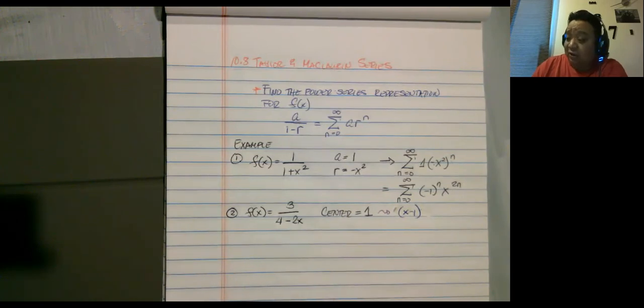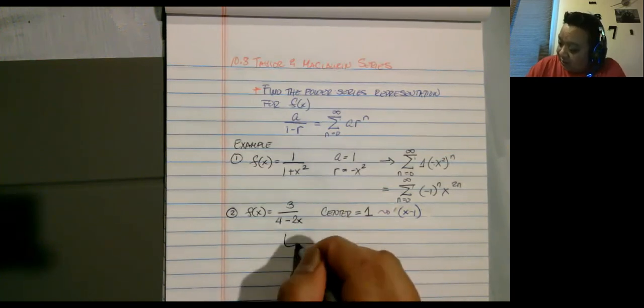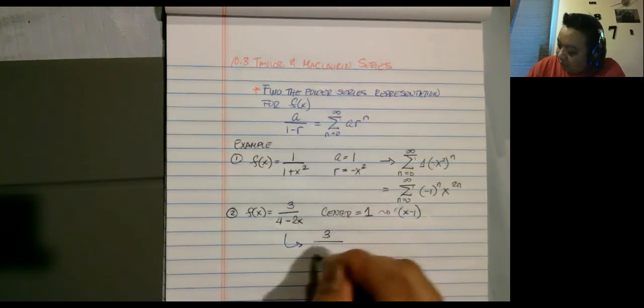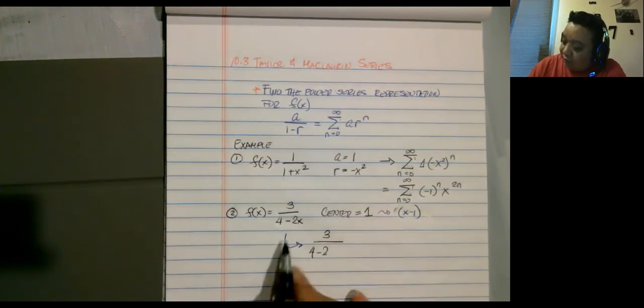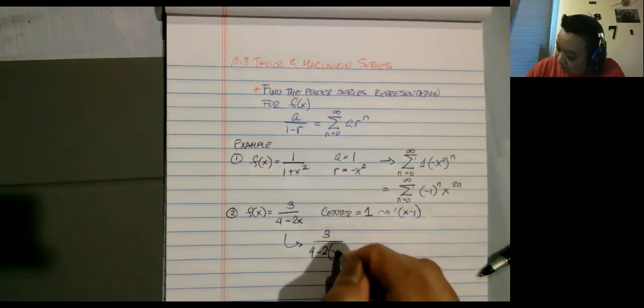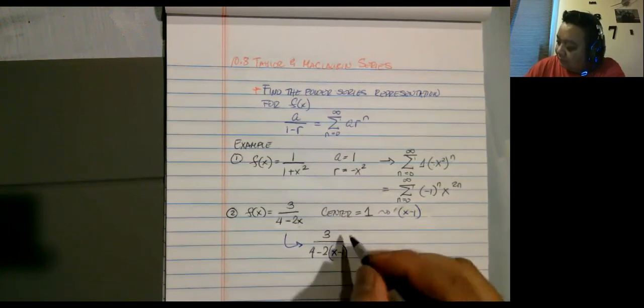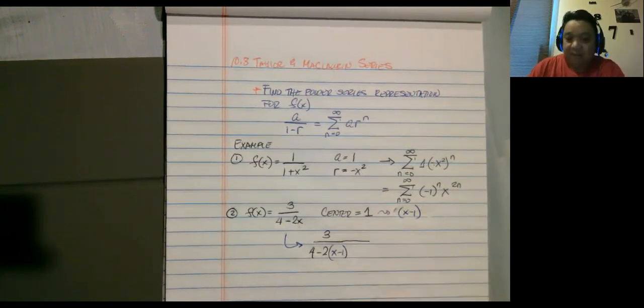Okay, so now let's go ahead and do that, right? So this is going to become 3 over 4 minus 2, and this x, I want that to be x minus 1. Now, I can't just do that, because that's what I want. So I have to algebraically get there.